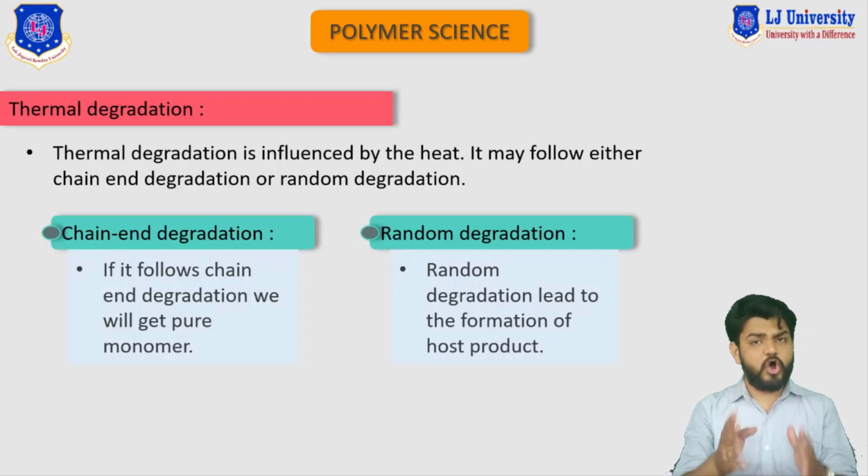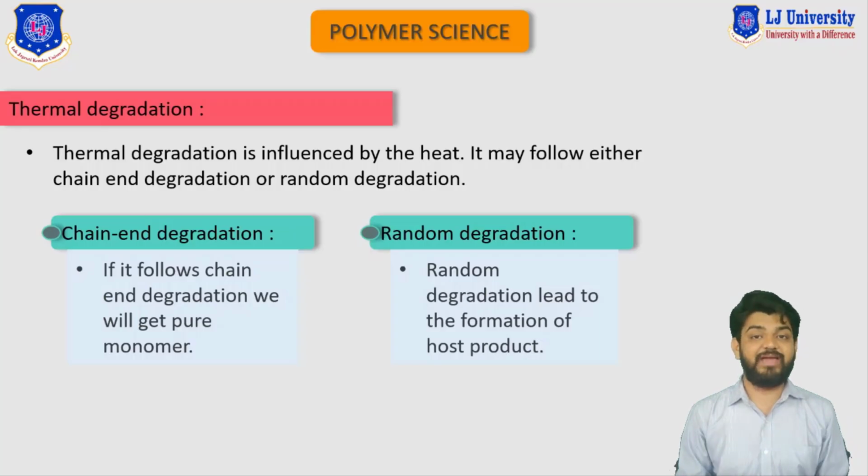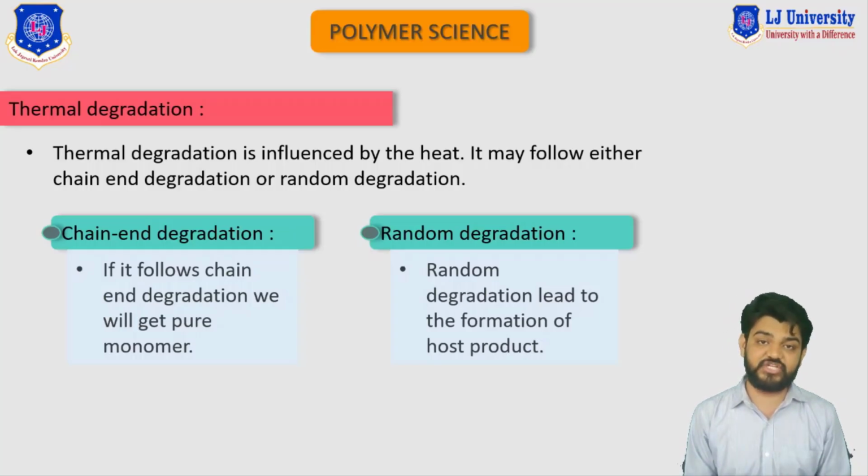So this was all about this video. We have understood what we mean by random degradation with the example of the ester and polyethylene, right? And we have also understood the classification of the degradation process. We have classified it into 4 categories. The first one is thermal degradation. Then we have understood photo-induced degradation. Then we have seen chemical degradation.